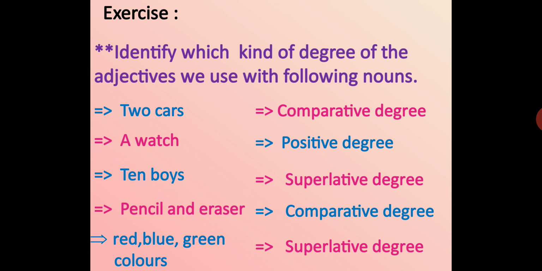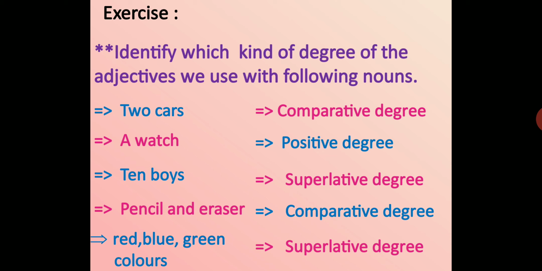Yes, superlative form of the degree. This is the way you will identify which form of the degree will apply in a particular sentence with the help of the rules which we learnt today.